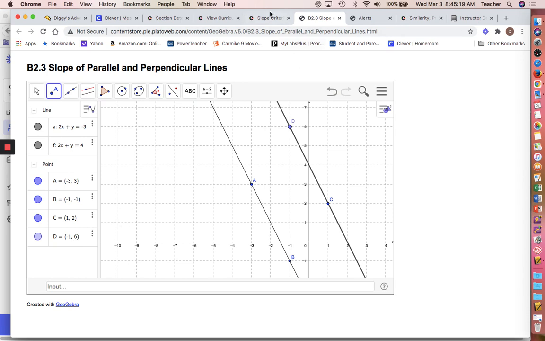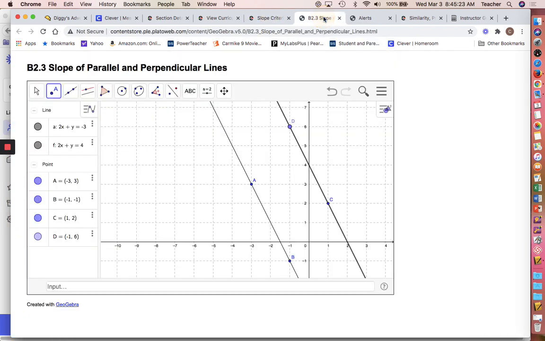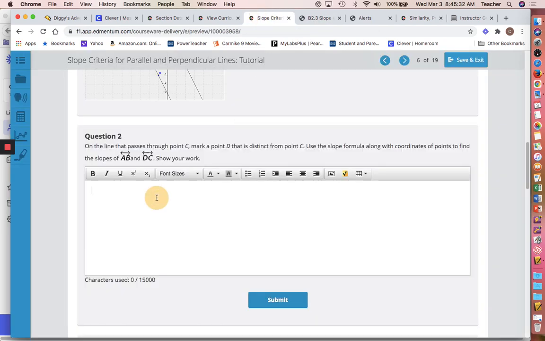All right, so now we've got to find the slopes of AB and DC. Let's see. AB, there are my coordinates. A was -3, 3, and B was -1, -1. Now remember, your slope formula is y2 minus y1 over x2 minus x1.